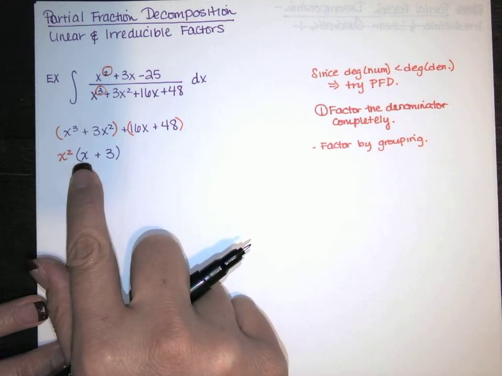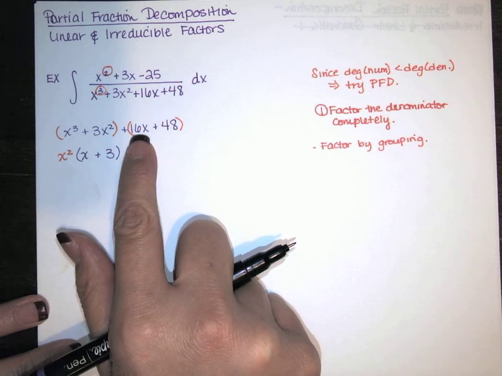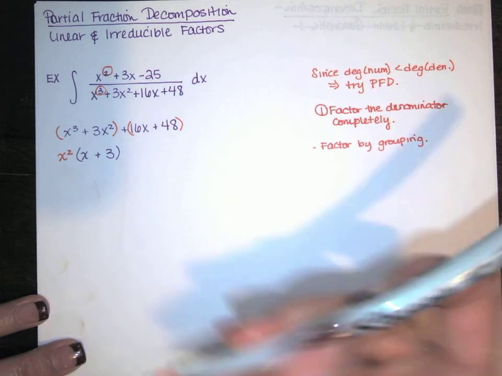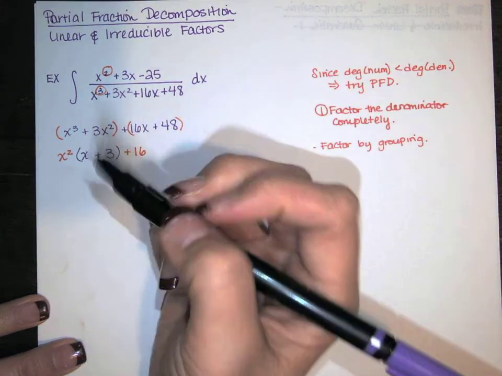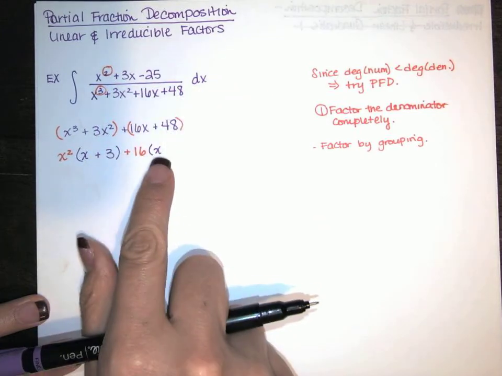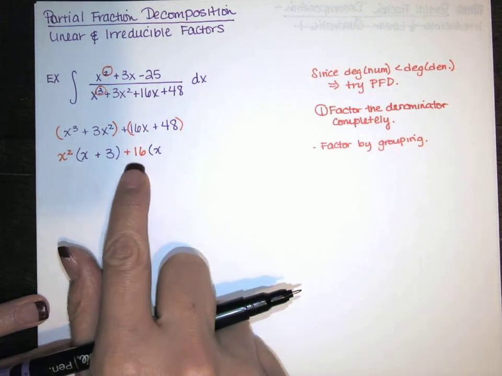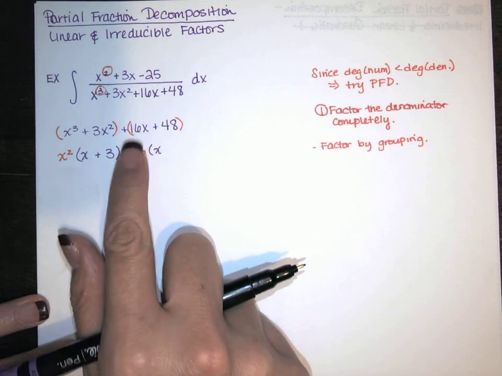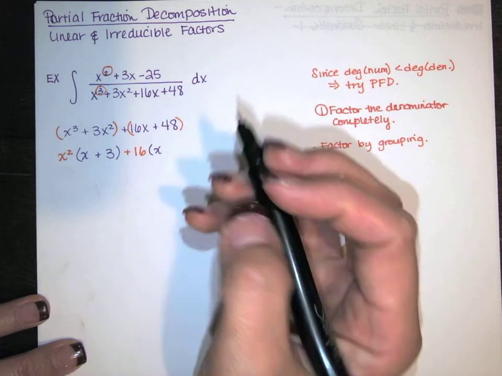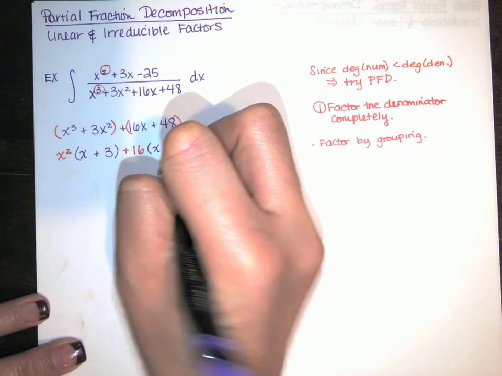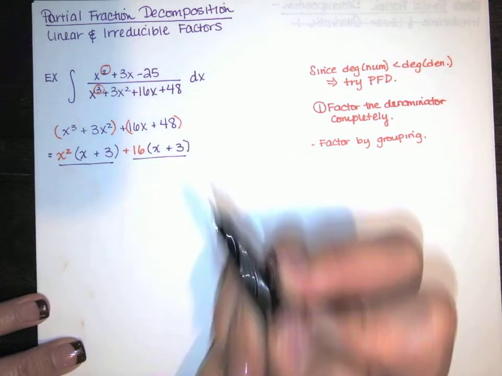So my only option is to factor out a 16. Because if I factor out a 16, then I've got an x left as my leading term in those parentheses. 16 times x gives me 16x. 16 times what gives me the 48? It's positive 3.